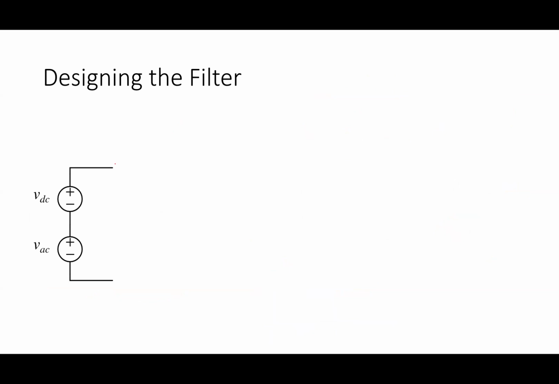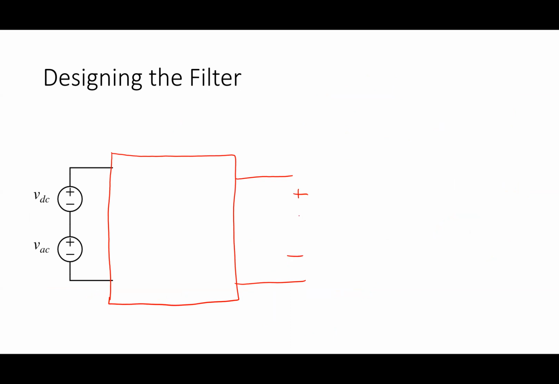So in other words, I want to put a filter here so that all that I see right here at the output is VDC equal to D times Vn. So what goes in the box? Low pass filter, right? All right, so intuitively, what would be a good low pass filter?